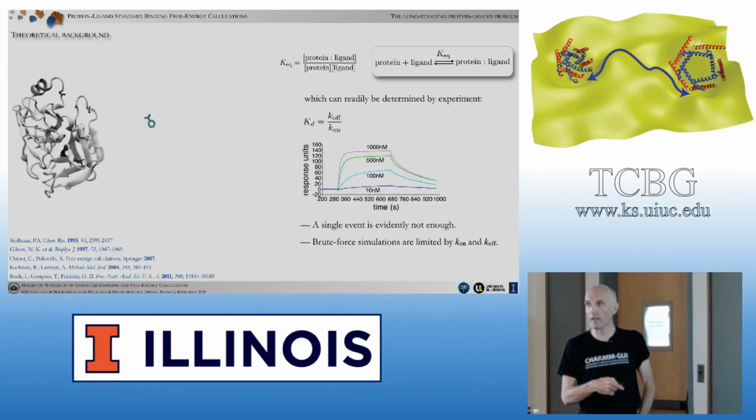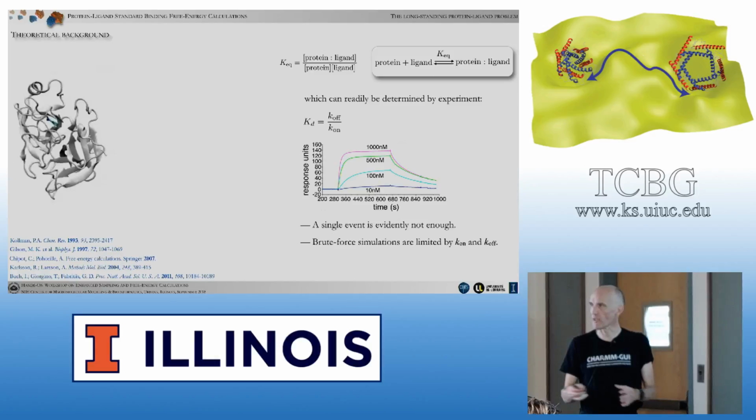You can actually get the KD, the dissociation constant, as a ratio of the k off rate constant over the k on rate constant. Something that you can access incidentally from experiment with biophysics or surface plasmon resonance. Basically, the idea is you have proteins attached to a surface, and then you have this stream of solution with the ligands.